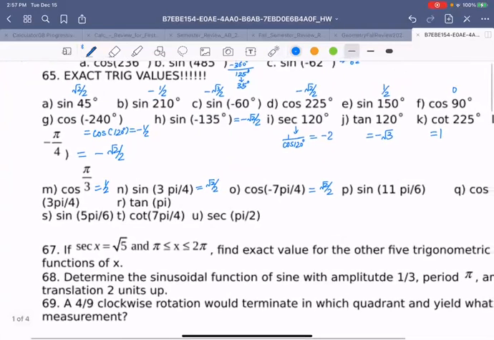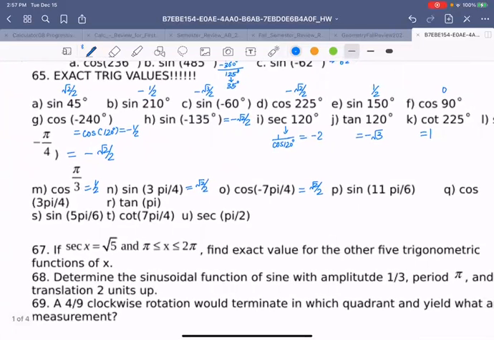Sine 11 pi over 6 is negative pi over 6, so this is negative 1/2. Next one, cosine 3 pi over 4 is negative square root 2 over 2. And then tangent pi, the y over the x. The y is 0, so that's 0. Sine 5 pi over 6 is 1/2.